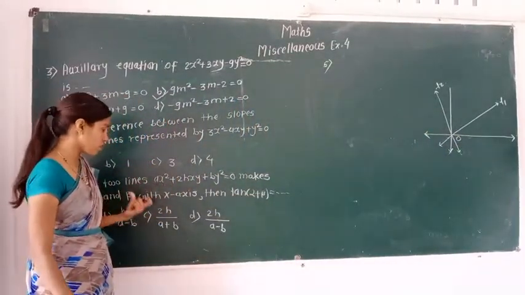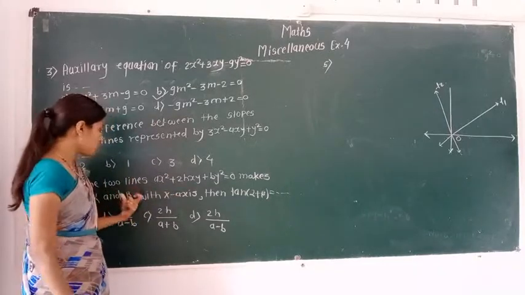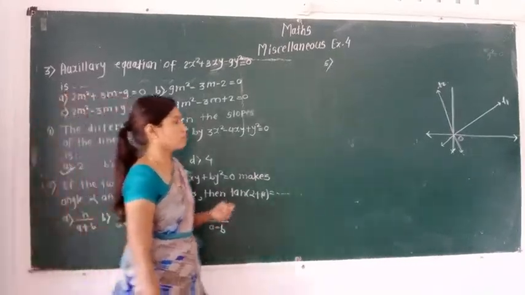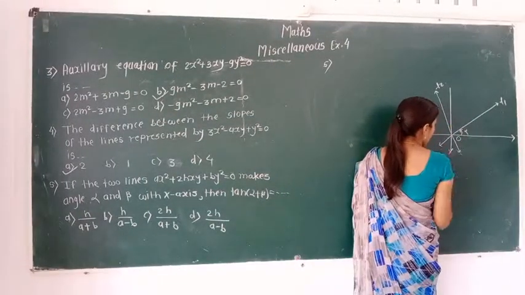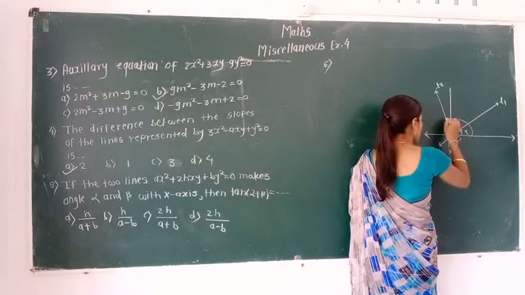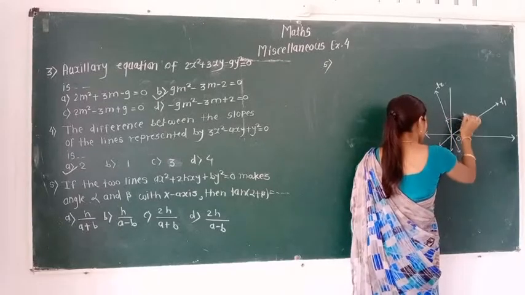These two lines make angles alpha and beta with the x-axis. That means the inclination of line L1 is alpha, and the inclination of line L2 is beta.